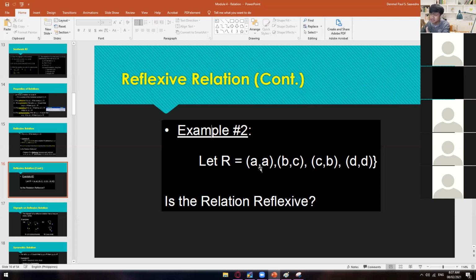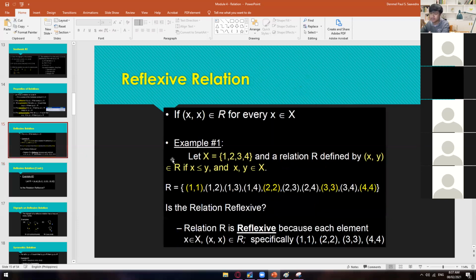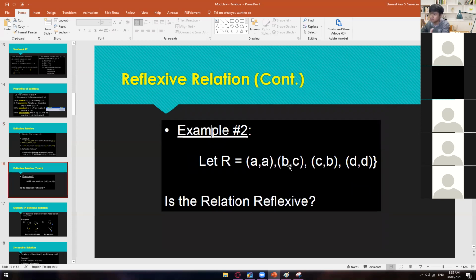Yes, it is true that for some it is reflexive, but for all it is not reflexive, wherein the condition of reflexive is that it should be all, everything. As you can see right here, we have 1, 2, 3, 4. (1, 1) has its own reflection to itself, (2, 2) has its own, (3, 3) has its own, and then (4, 4) has its own also. But in here, we don't have the (B, B) and then the (C, C). That is why this relation is not reflexive.